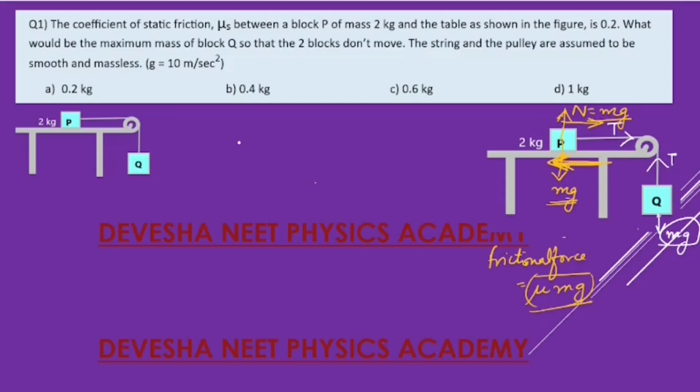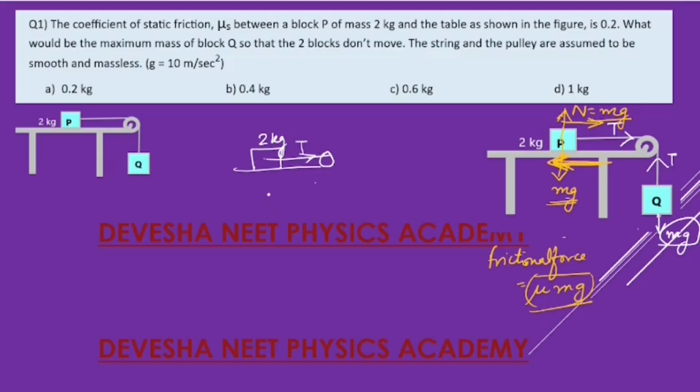In this case, let's take the two blocks individually. This block here has a tension T acting on it. The mass of this block is given to be 2 kg.